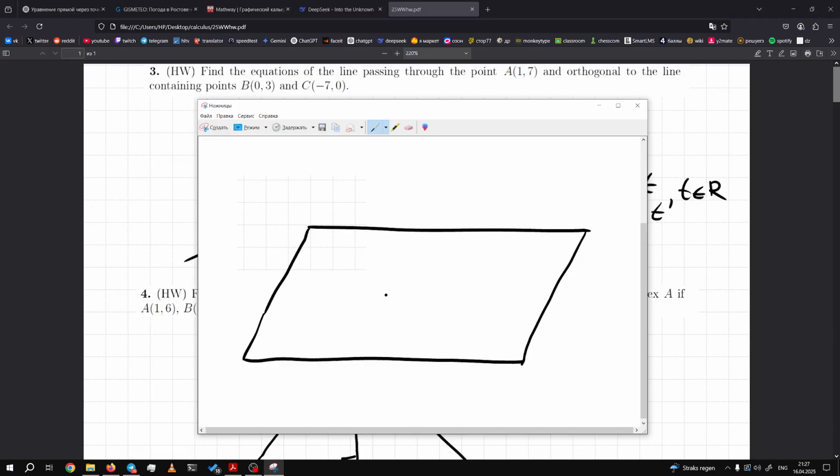This is plane P. And what do you have? You have a normal vector, which is orthogonal to our plane, and this is called R with coordinates A, B, and C. And you have this point M0 with coordinates X naught, Y naught, Z naught.